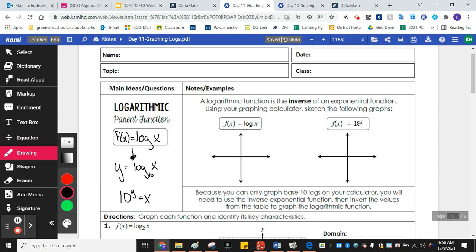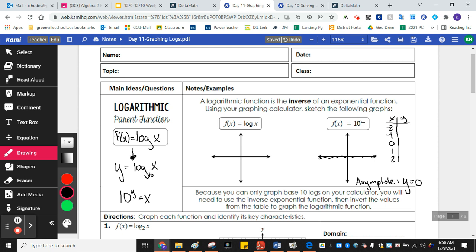So first off, graphing exponentials, remember there's a horizontal asymptote unless it's moved up or down, at y equals 0. And then we plug in -2, -1, 0, 1, and 2.